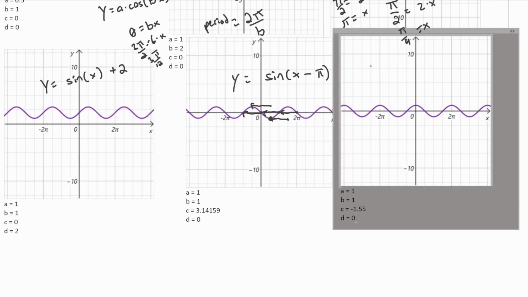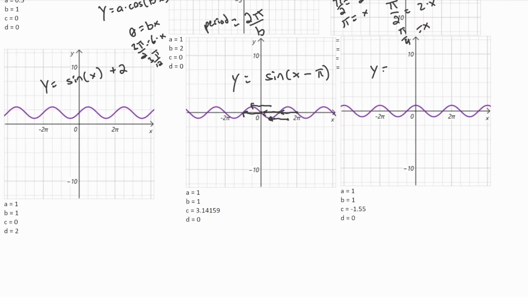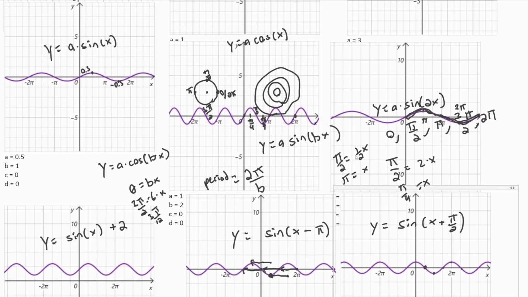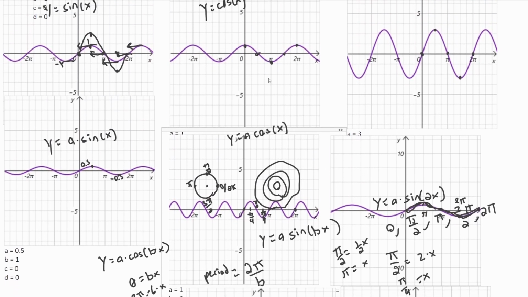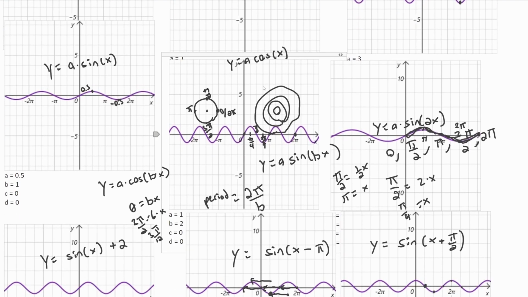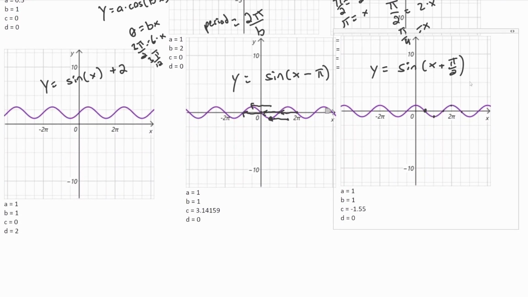So let's say we added pi over 2. If we were to graph y equals sine of x plus pi over 2, this would shift it by pi over 2. And if you notice, this graph right here is actually identical to our graph of cosine, because cosine is the same graph as sine, just shifted over by pi over 2.